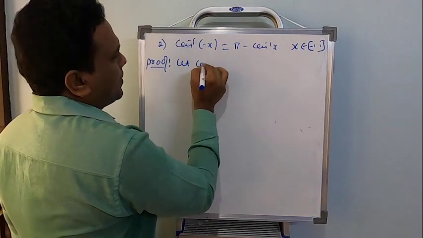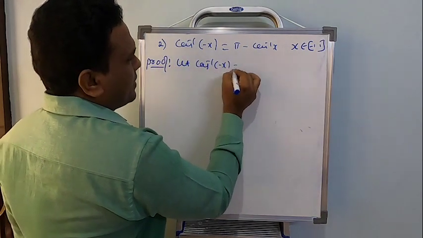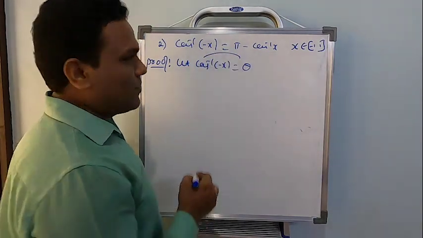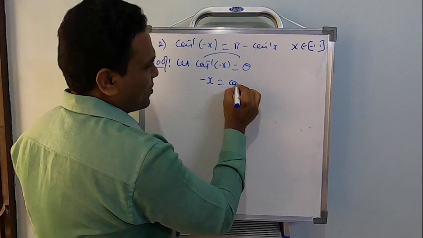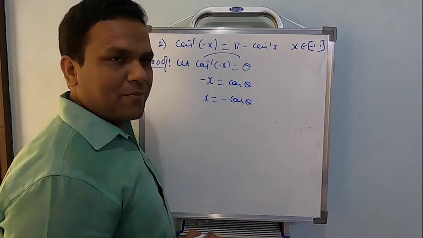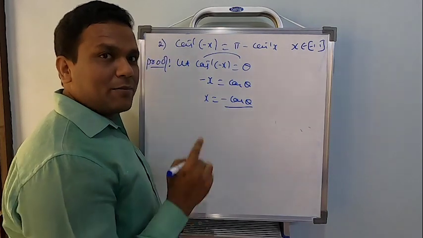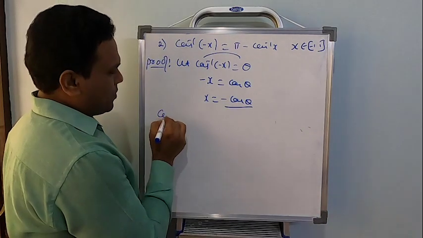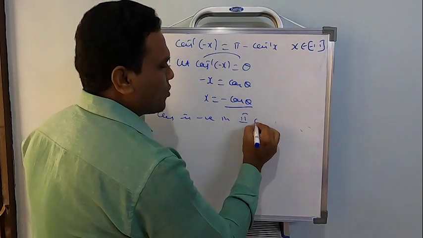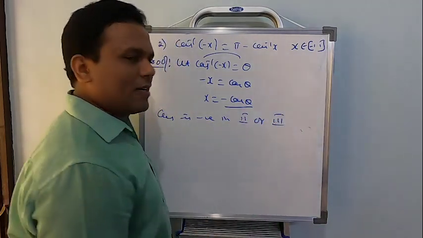Let cos inverse of minus x equal to theta. I told you, simply shifting cos inverse. So minus x equal to cos theta, or x equal to minus cos theta. Now let us see. Minus cos theta means cos is negative. Cos is negative in the second quadrant or in the third quadrant.